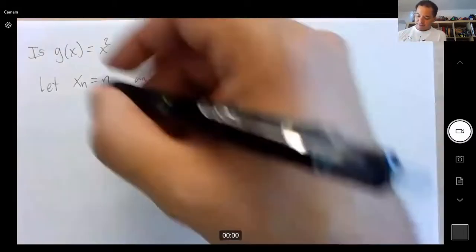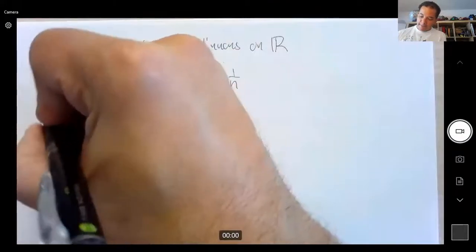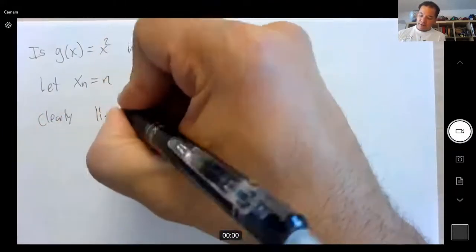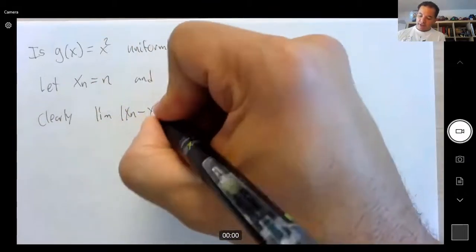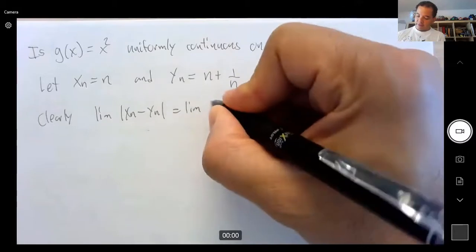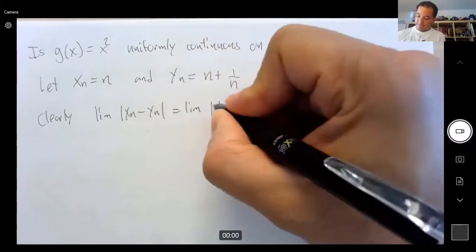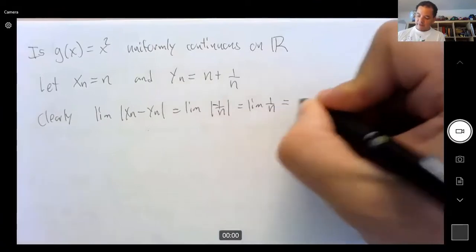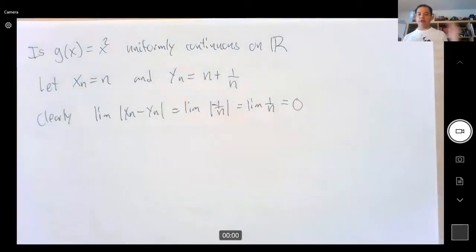First, clearly, the limit of xn minus yn, well, that's just 1 over n, is 0, right? So those two sequences are getting close to each other. The farther the n, the closer they are to each other.